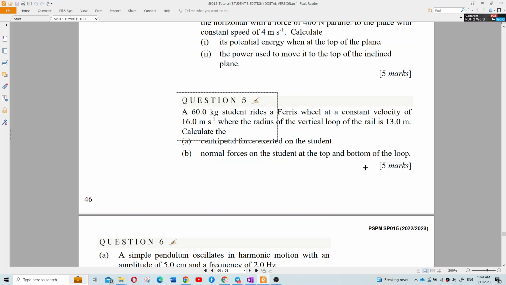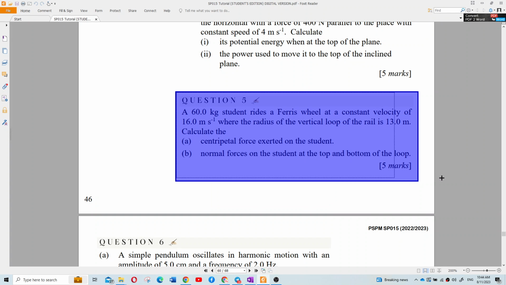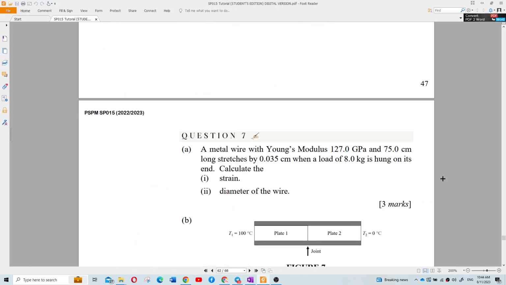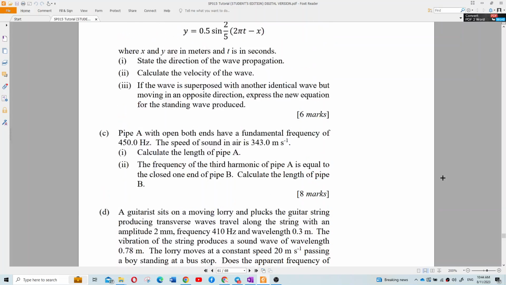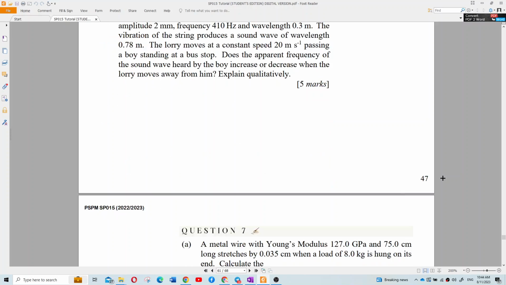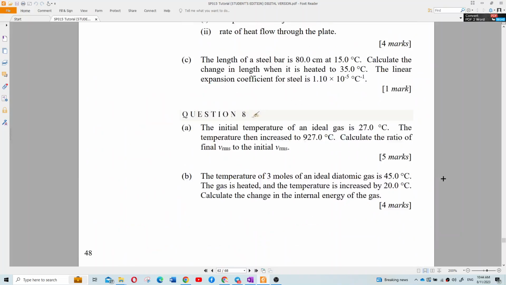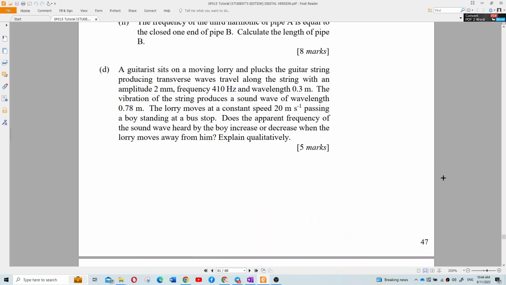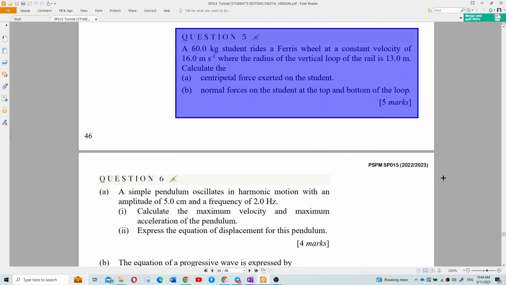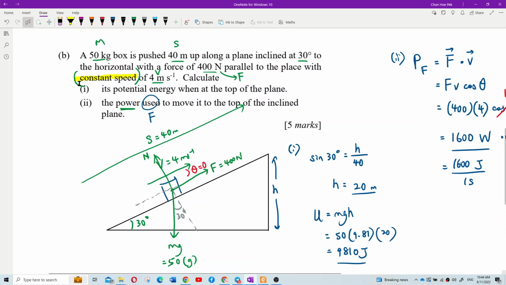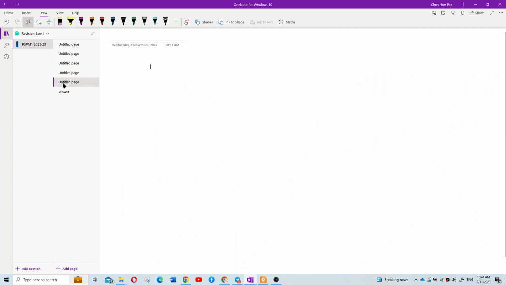Okay, let's do question 5. Then I can finish the rest of the questions later. But I'm not sure I can finish all the other questions later. Quite a lot. Maybe only one question I can finish. Maybe question 6 only.